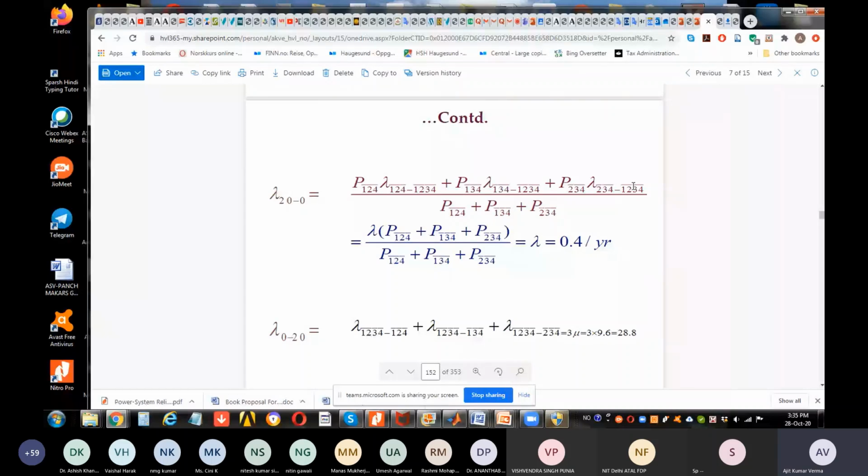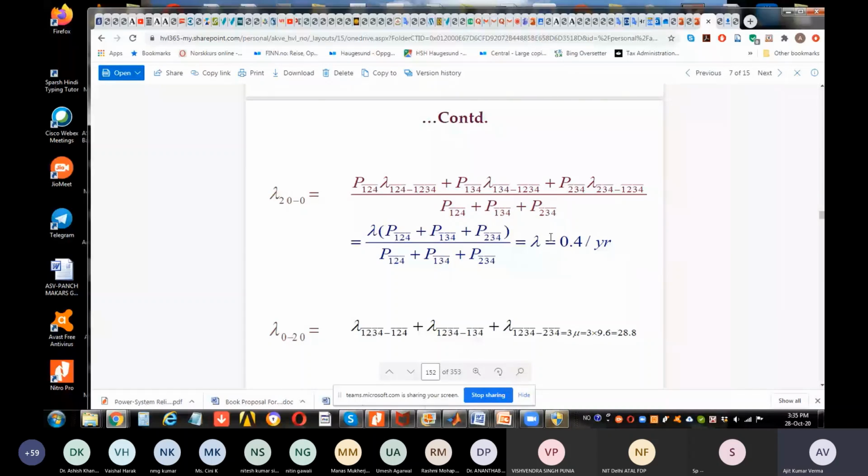And these probabilities are the same for 1, 2, 4, 1, 3, 4, and 2, 3, 4. Anyway, lambda turns out to be common, and then in the denominator also you have the same term, and therefore they cancel out. You are simply left with lambda, which is equal to 0.4 per year.